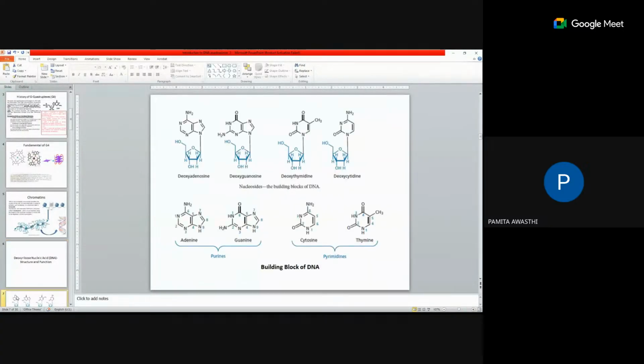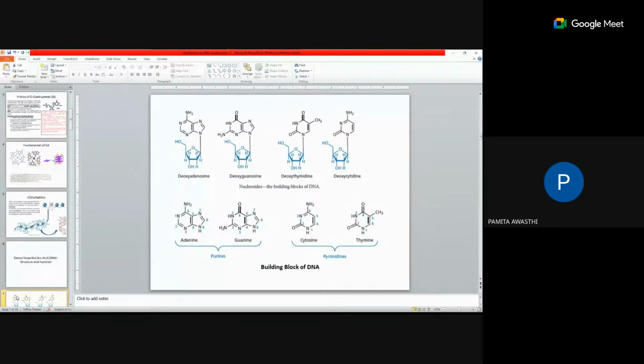Watson and Crick, as you all know, solved the secondary structure of DNA by building a model that fitted all the known experimental results. The structure consists of 2 chains arranged in a double helical form.